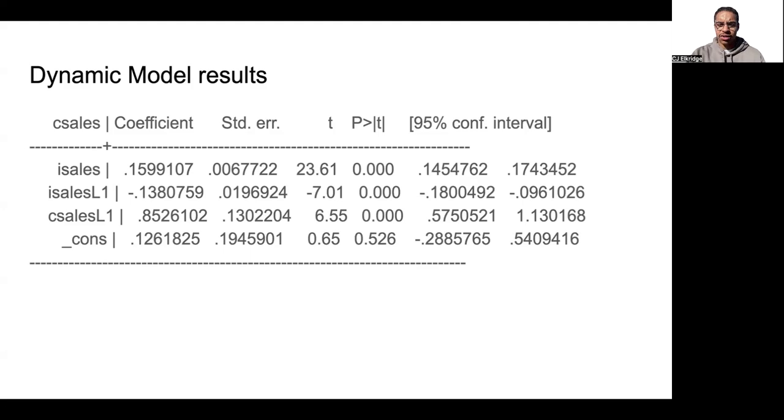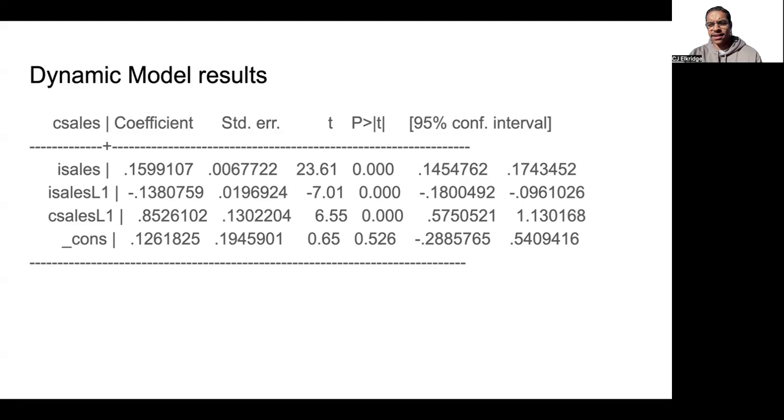So we're going to tell you how these will affect the model. A 1 unit increase in industry sales is associated with a 0.1599 unit increase in company sales over time on average, holding all else constant. The previous period's industry sales are associated with a 0.138 unit decrease in company sales over time on average, holding all else constant.